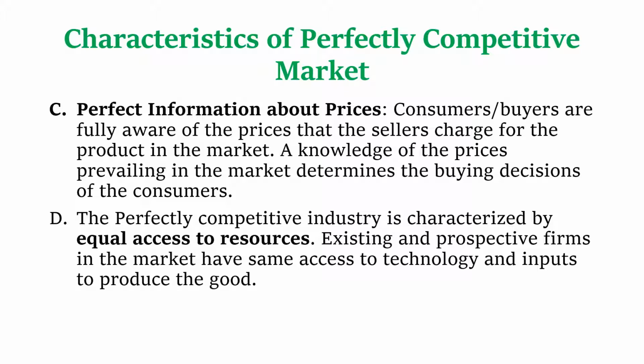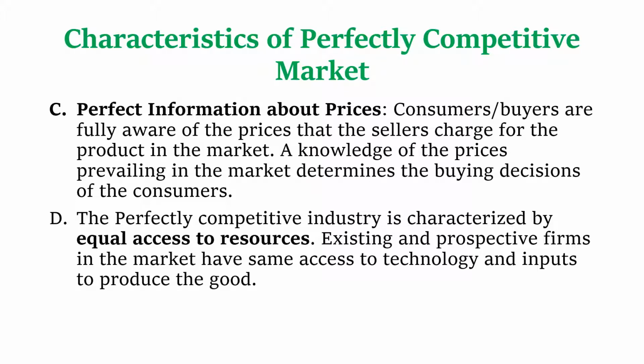Every firm is free to leave the industry if it is not making a profit, that is, if it is making a loss. If any firm is making a loss in this particular industry, they are free to leave. They can leave the industry. They can go out of business if they are not making any profit.